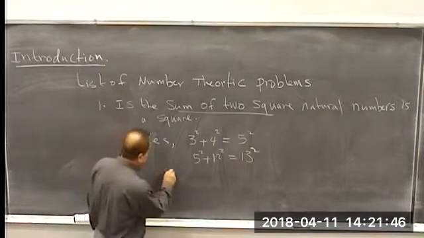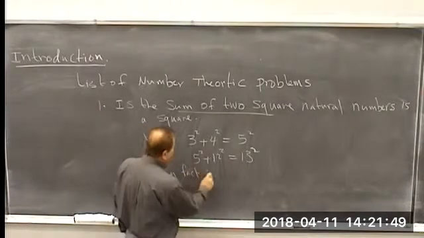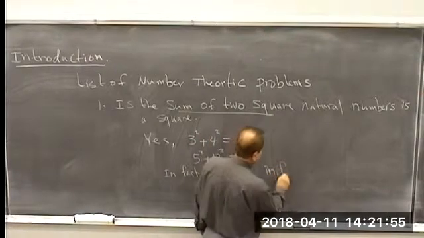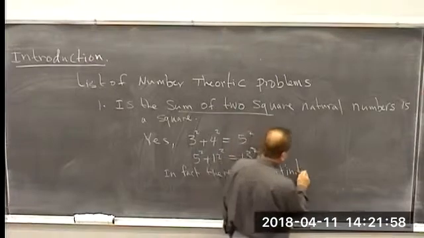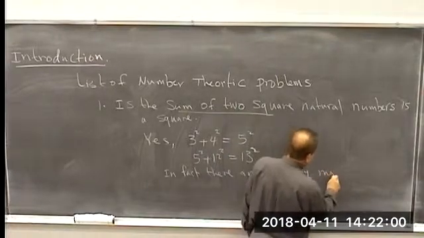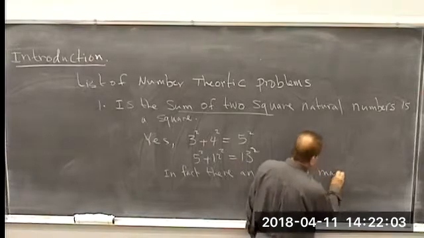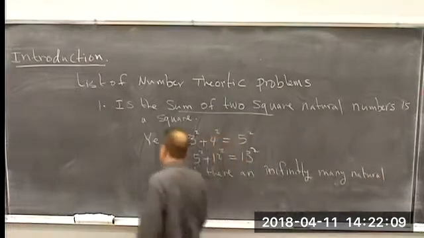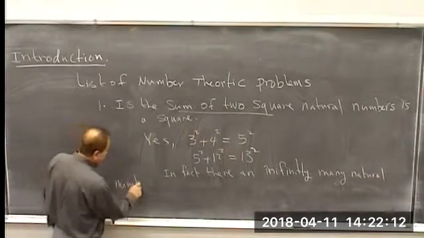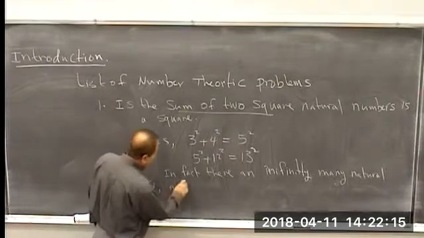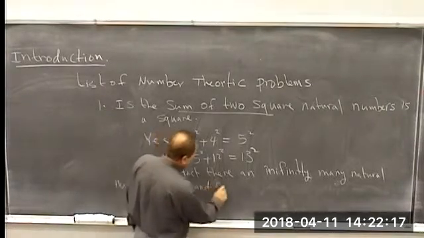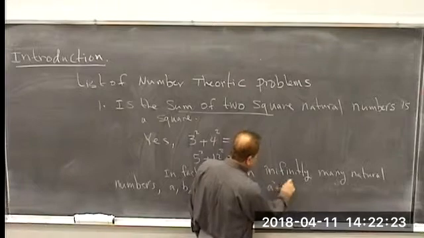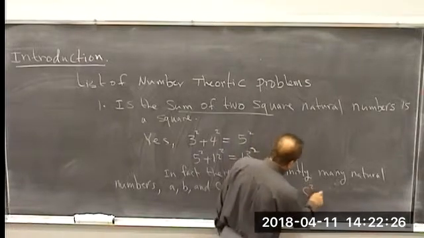In fact, there are infinitely many natural numbers A, B, and C such that A squared plus B squared equals C squared.